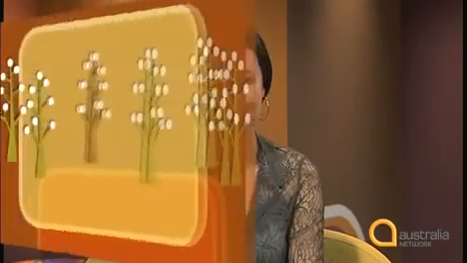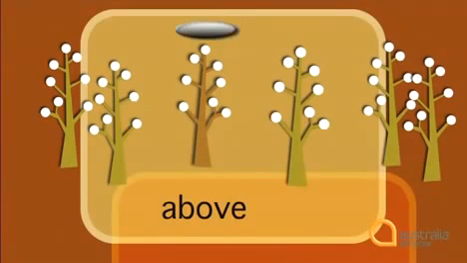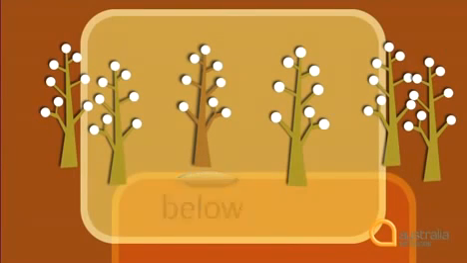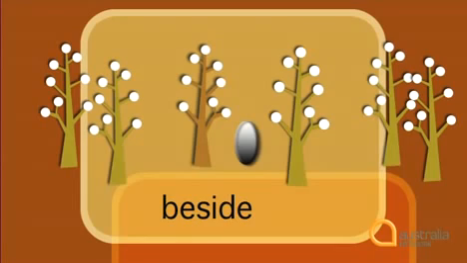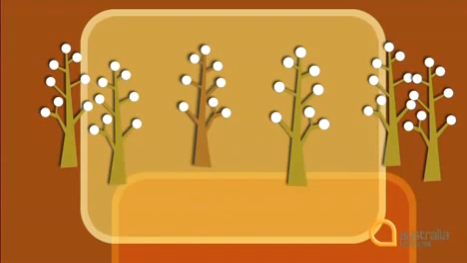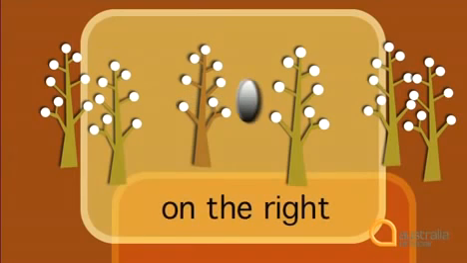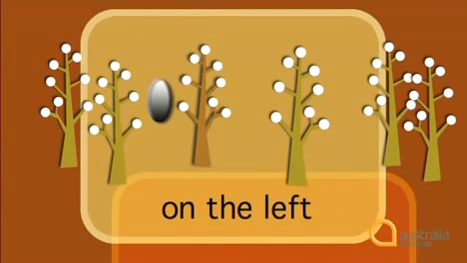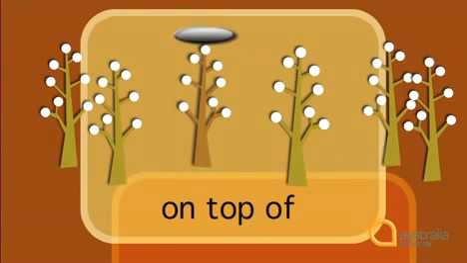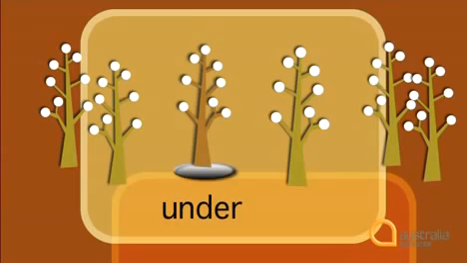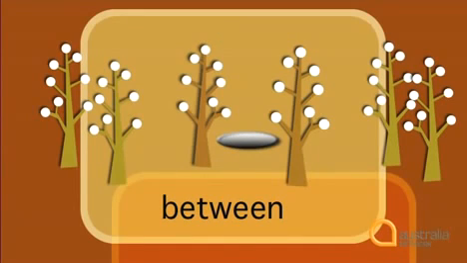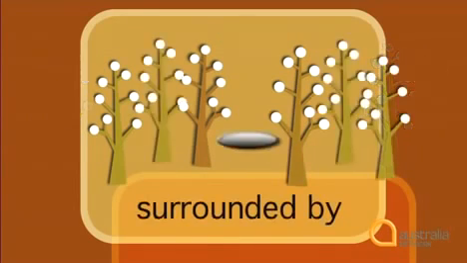Let's look at some of the common prepositions you can use to describe where things are. Above, below, beside or next to, in front of, behind, on the right, on the left, on top of or over, under, between, or even surrounded by.